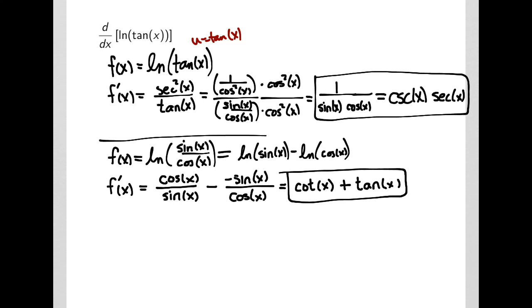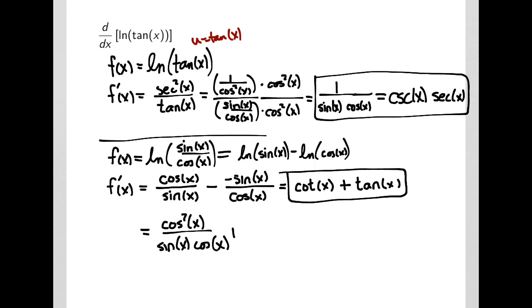That's a little surprising. We have two answers that don't look a lot alike. And I want to show you that we can recover our original formula if we notice that I could get a common denominator. So I get cosine and sine. Here I have sine. Here I have cosine. To get a common denominator, I need to multiply the first times the cosine. So I get cosine squared of x over sine x cosine of x.